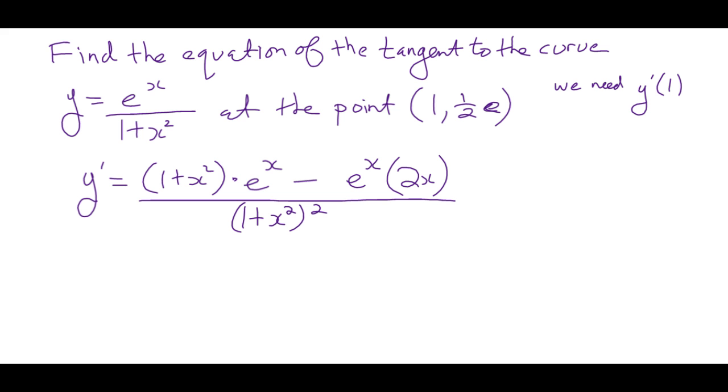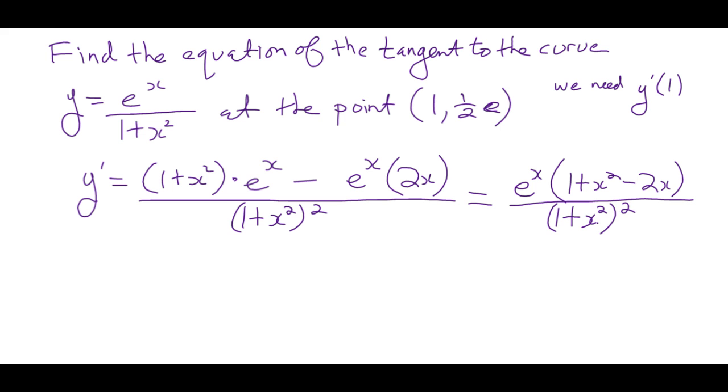So you'll notice we have a little thing in common there, which is e to the x. So let's go across. Okay, what have I got? 1 plus x squared minus 2x over 1 plus x squared squared.